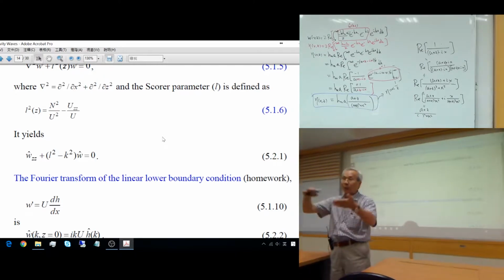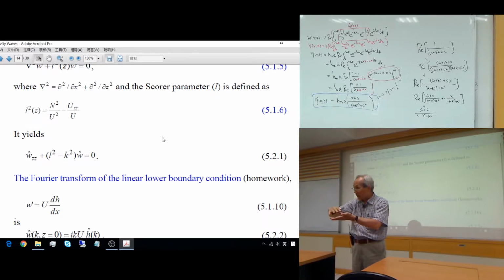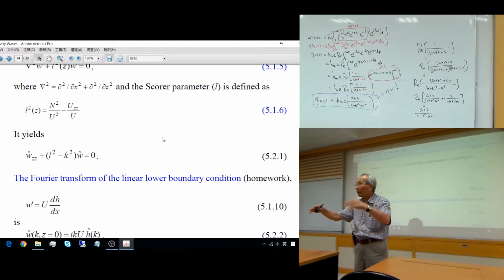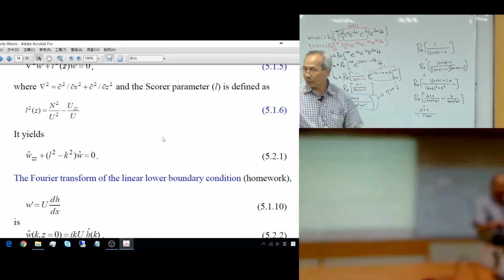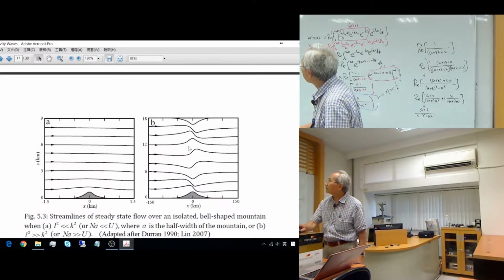Both are evanescent flow, both have the disturbance decaying with height, but one decays exponentially and the other decays at a smaller rate, 1 over g. And now we can plot it out. It looks like decaying is the same thing, but for the isolated mountain it decays algebraically, 1 over g.